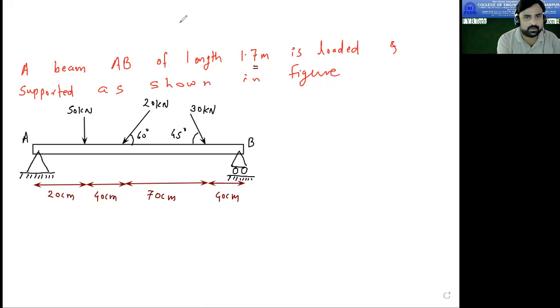So here I will write: determine reactions. Now how are we going to solve this?